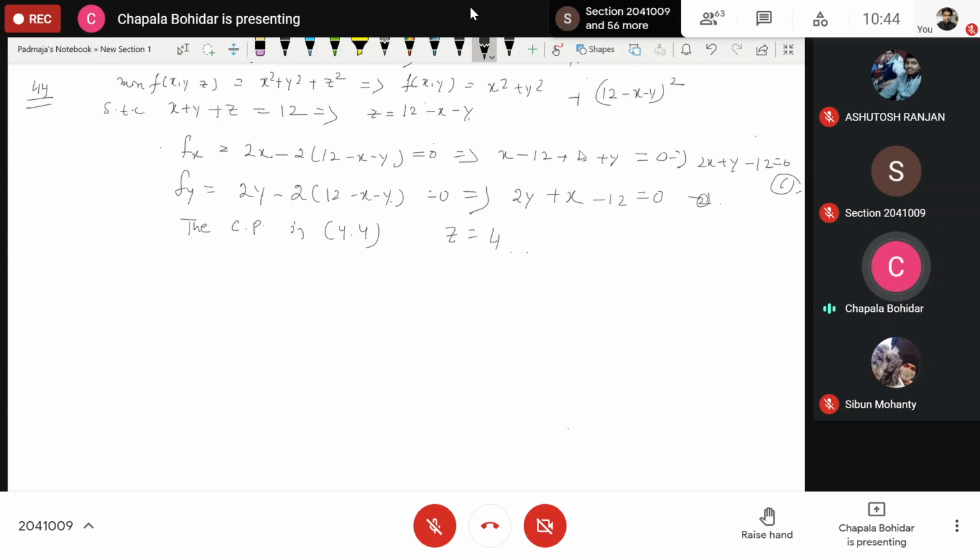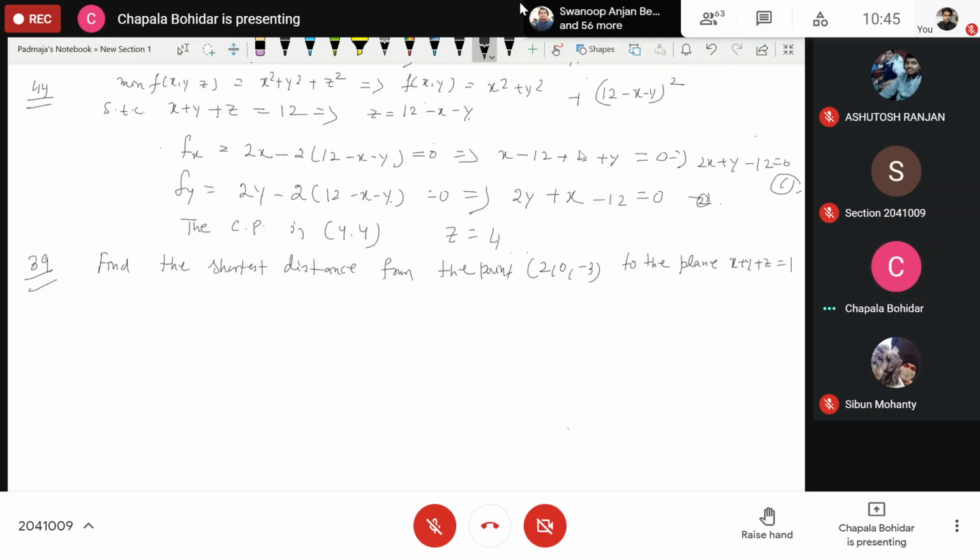Find the shortest distance from the point (2, 0, minus 3) to the plane x plus y plus z is equal to 1. I think we already did this type of problem in an example.